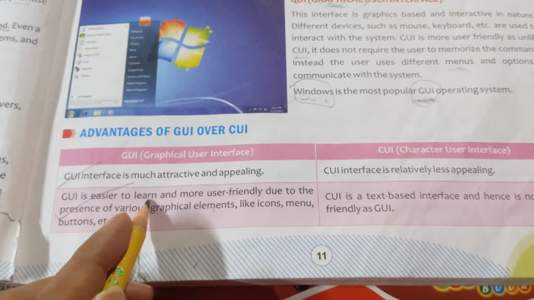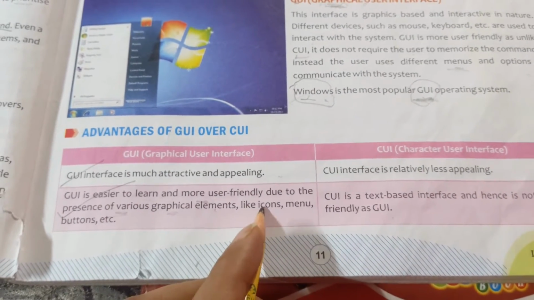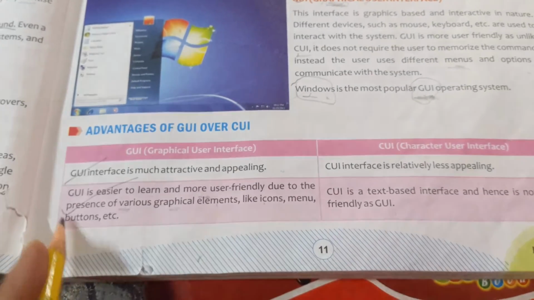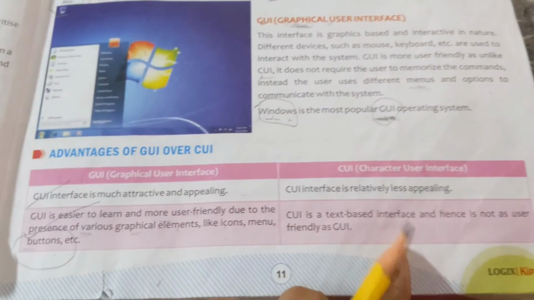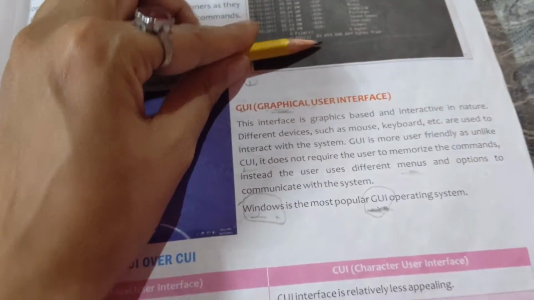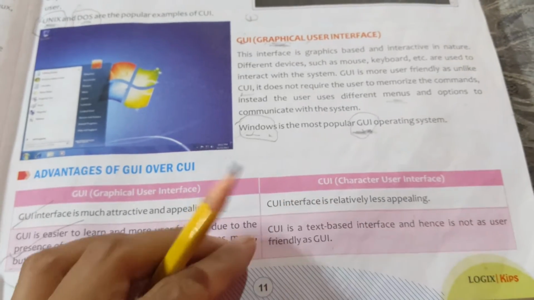GUI is easier to learn and more friendly due to the presence of graphical elements like icons, menus and buttons. These factors are present in it, but CUI is a text based interface, and hence it is not as user friendly as GUI.